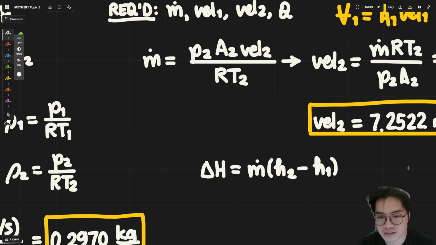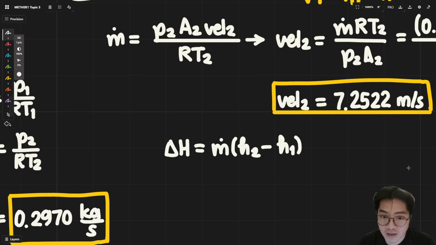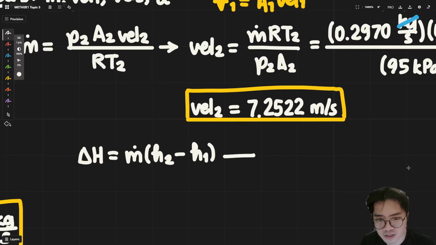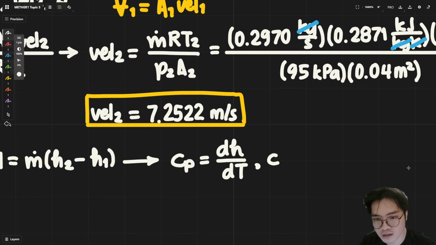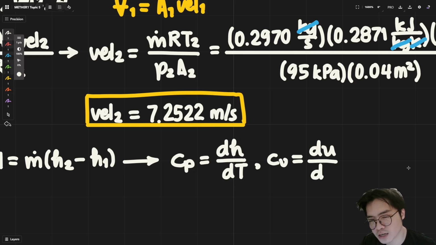But the thing about this is that you don't have values of H2 and H1. It's because you don't have a property table for air, right? What you do have, however, is the Cp, the specific heat. A Cp is your change in enthalpy per change in temperature. The same way that your Cv is your change in internal energy per change in temperature.